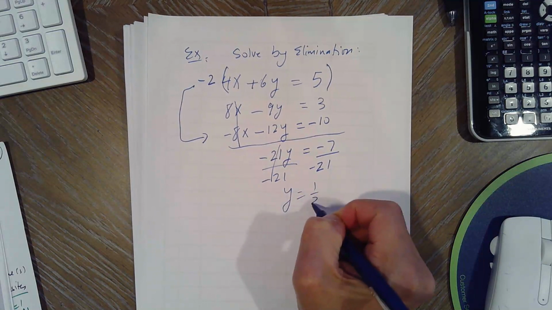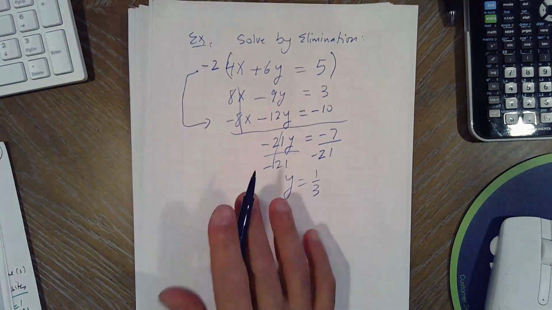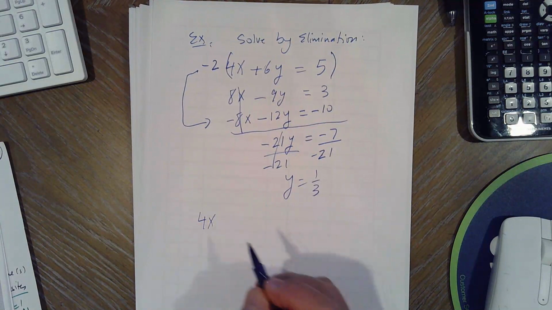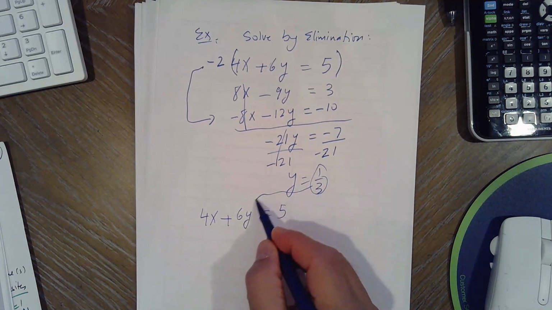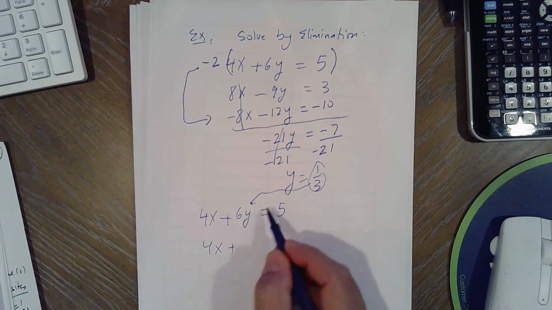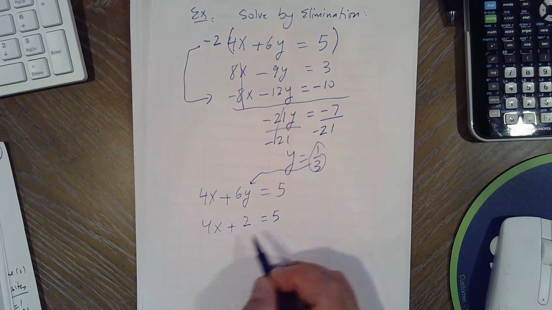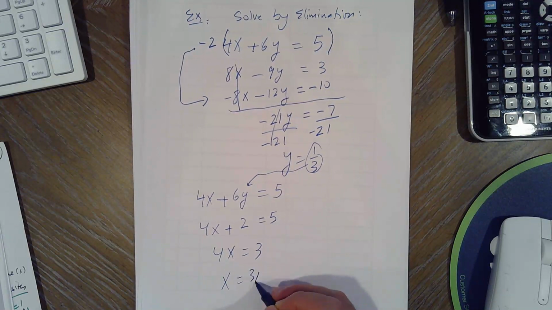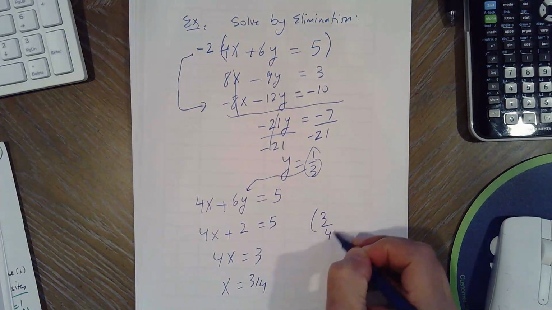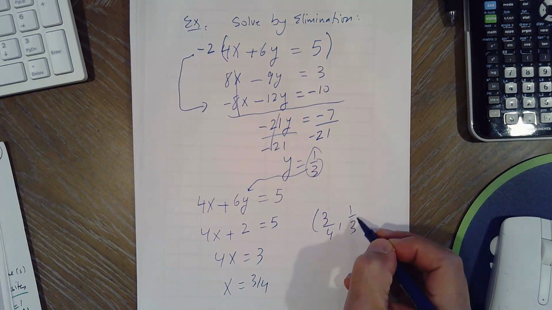So y is 1/3. So go back and plug it in. 4x plus 6y is 5. 4x plus 6 times 1/3, which is 2, is 5. So that's 3, and x is 3 over 4. My solution is 3 over 4, 1/3.